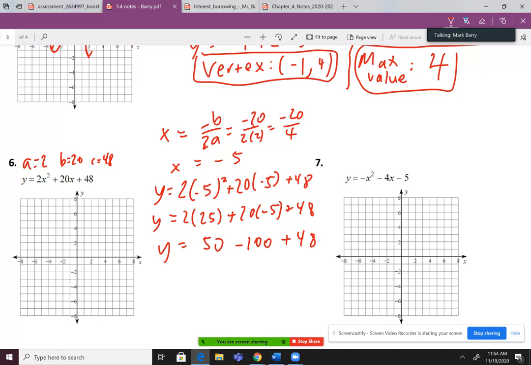So I get 50 minus 100 plus 48. 50 minus 100 is negative 50. Negative 50 plus 48 is negative 2. So my vertex is negative 5, negative 2.